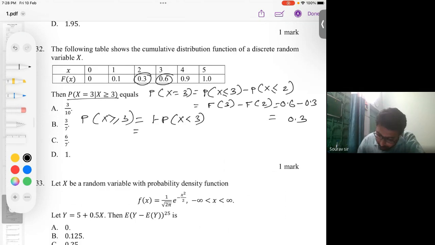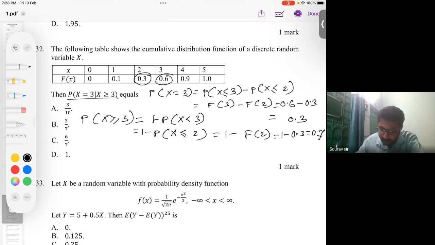It can be written as 1 minus P of x less than or equal to 2, which is 1 minus F of 2, that is 1 minus 0.3, which is equal to 0.7.